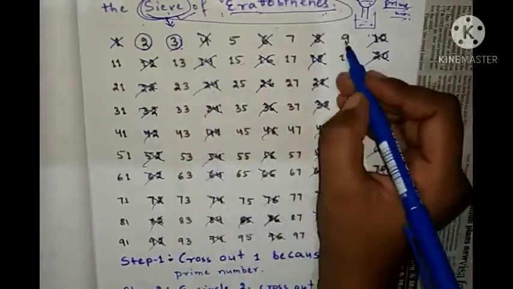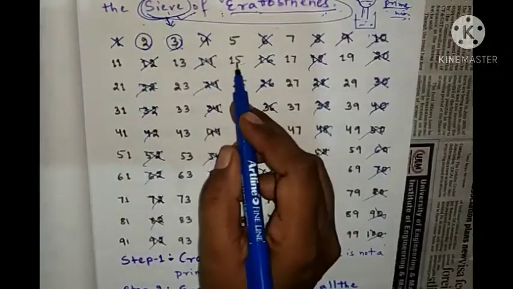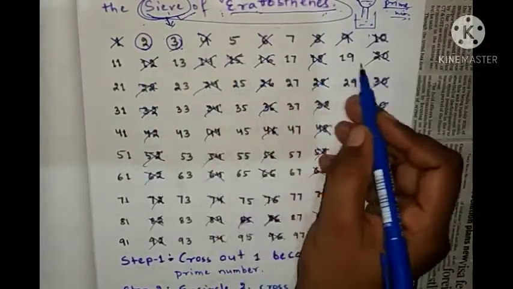So 3 threes are 9. Here 12 is already crossed. 3 fives are 15. 3 sevens are 21. 3 nines are 27.